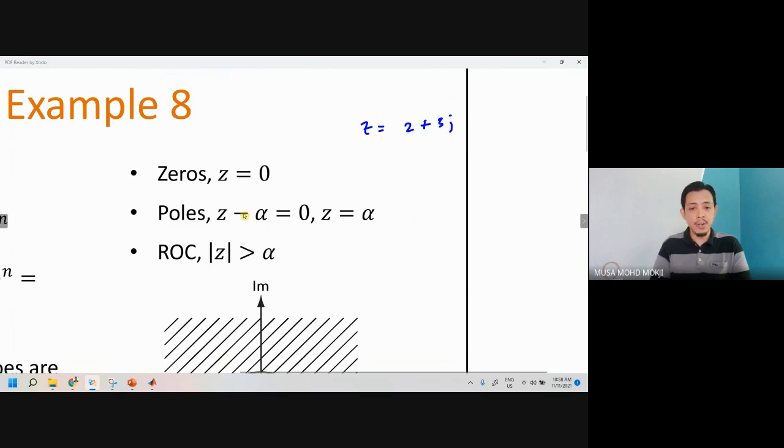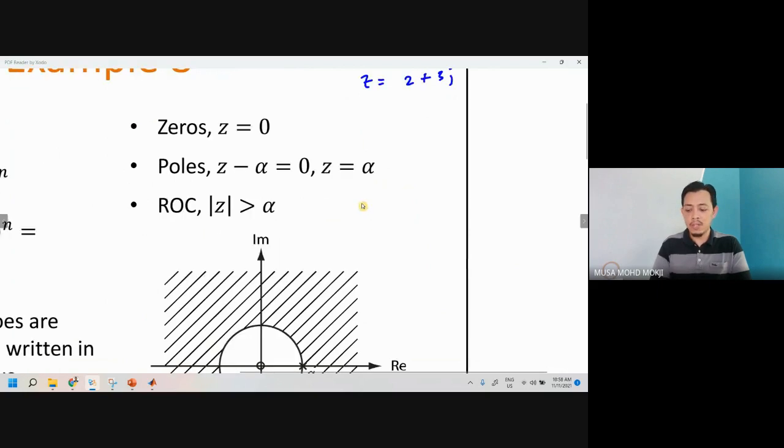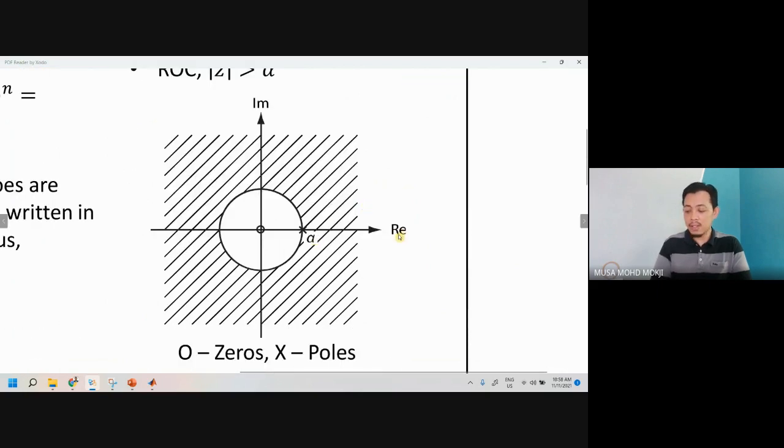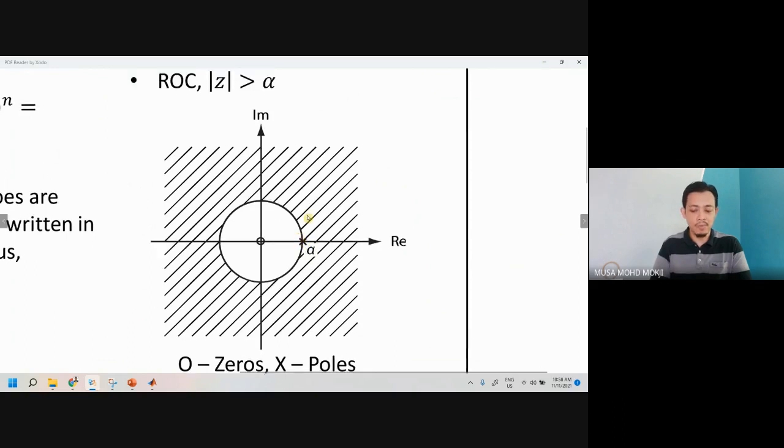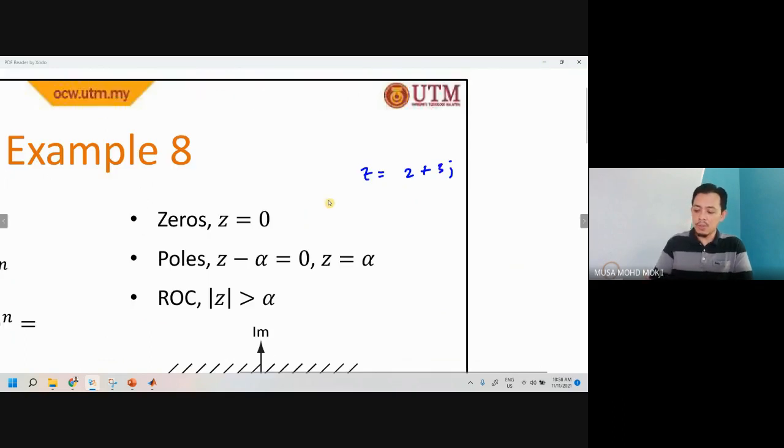But in this example, z only has a real value. So when we do the plotting, this is the real axis, and we put a cross at that point. The imaginary value is 0, so this is actually alpha plus 0j, and of course this is also 0 plus 0j.